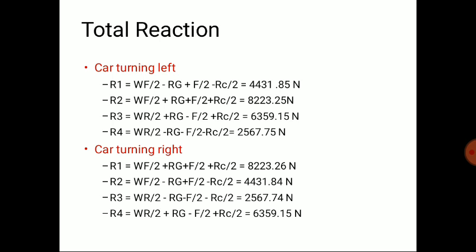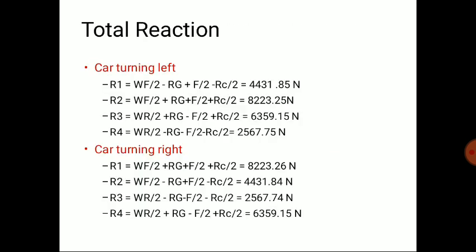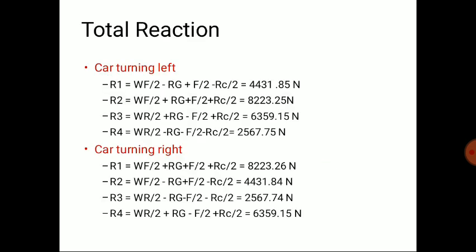Then F by 2, due to the engine motion, on each front wheel is upward, so it is again considered plus. Then RC, due to the centrifugal effect, on each inner wheel is downward. That's why it is negative. That's why it is getting 4431.85.